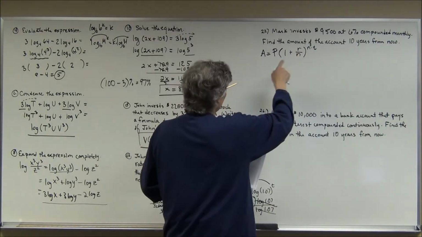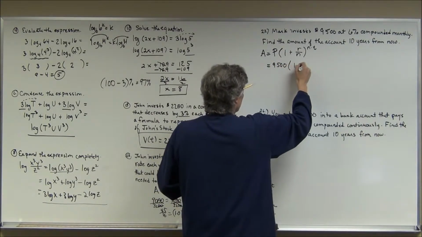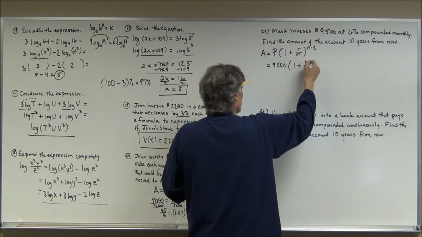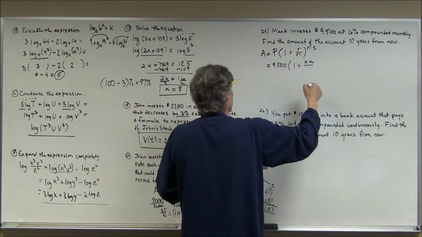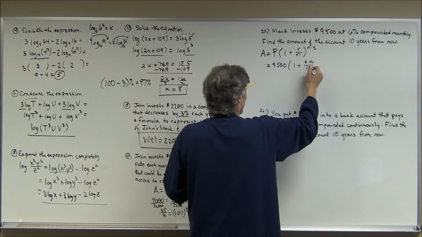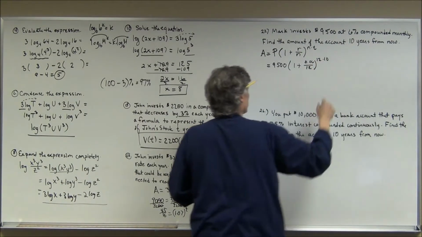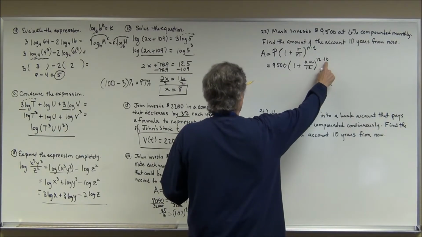So we got $9,500, that's P. 1 plus, now our rate of interest is 6%. Don't put a 6 here. Change it to a decimal, 0.06, sliding it 2 places to the left. All over 12, compounded monthly, to the 12 times 10 power, 10 years.